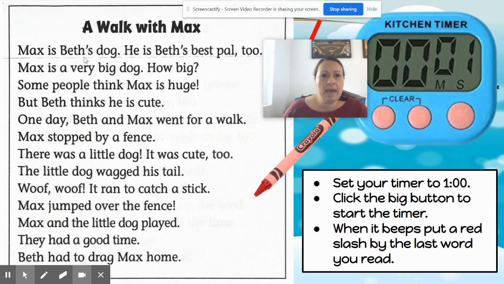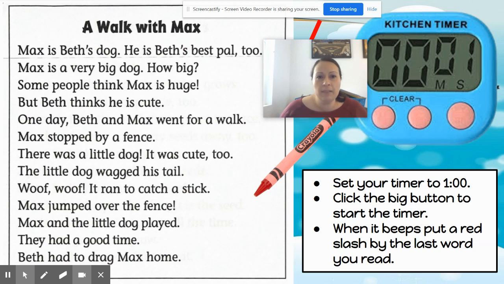Max is Beth's dog. He is Beth's best pal too. Max is a very big, okay, I'm going to stop there. My timer went off, so I got up to big. Now, I didn't set mine for a full minute.